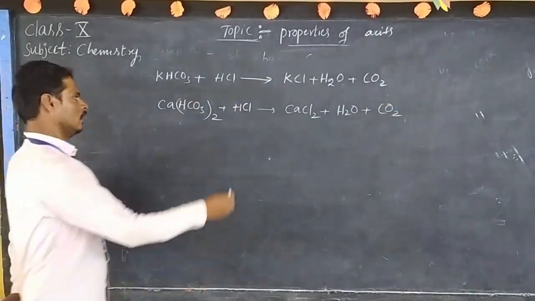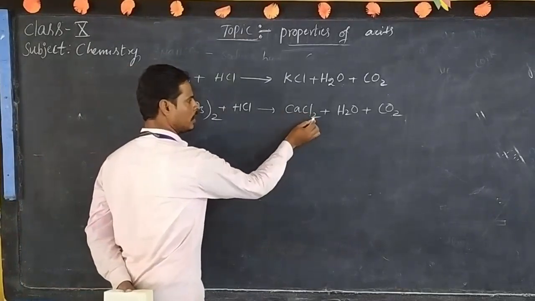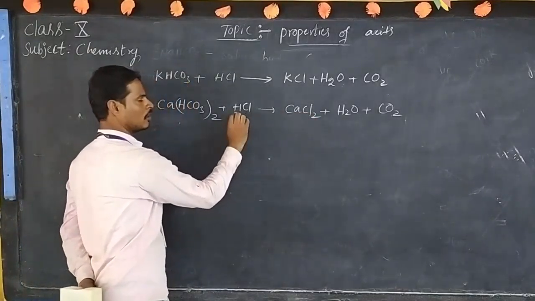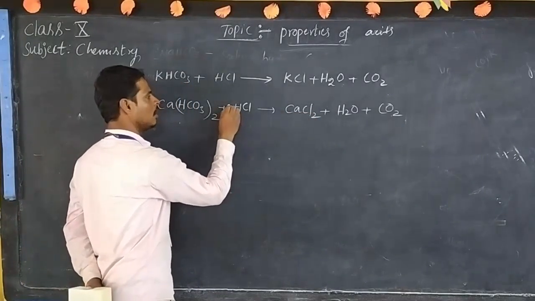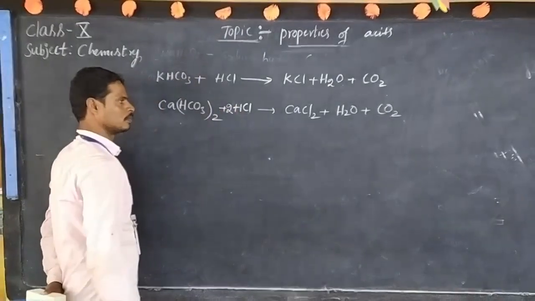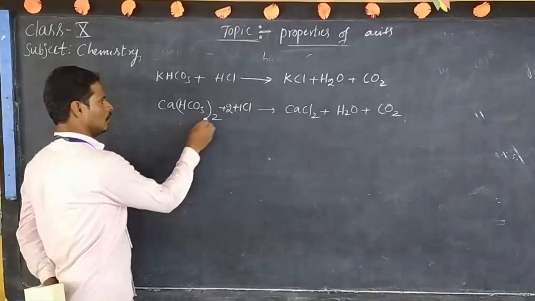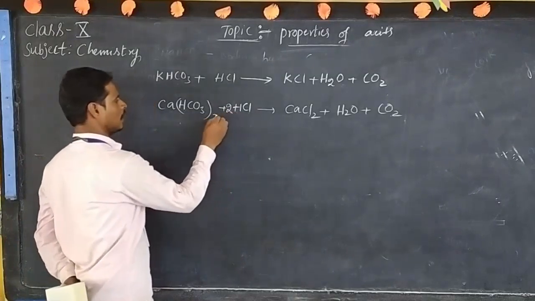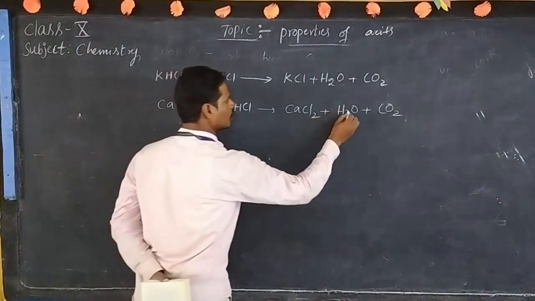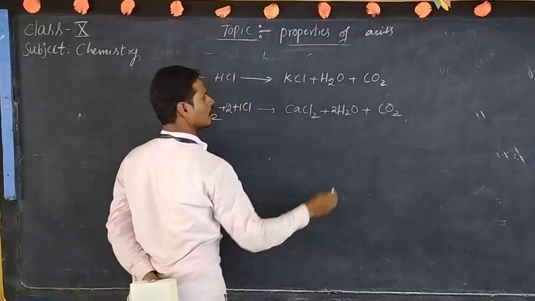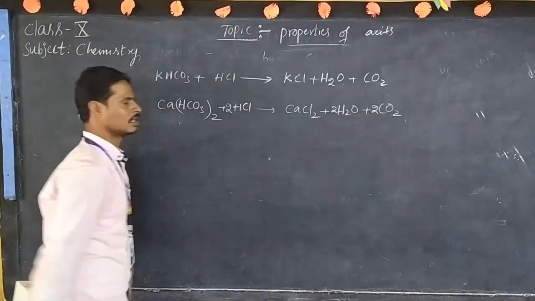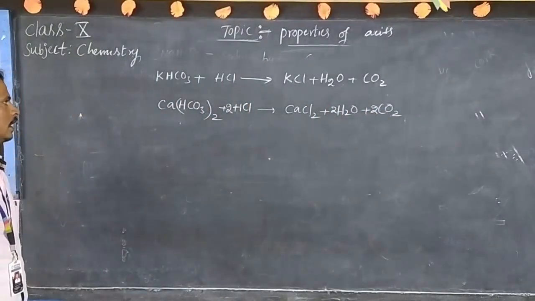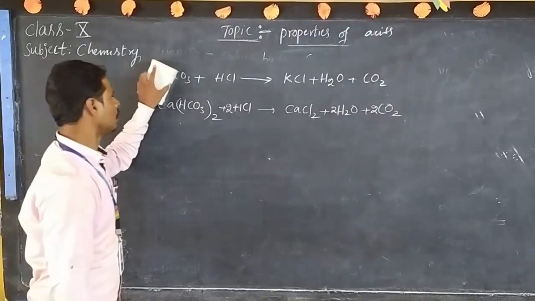No. Here how many chlorines are there? Two are there, but here one is there. One chlorine becomes two. What is the suitable number? 2. Now check the remaining: hydrogens. 2 plus 2, 4. Here 2 is there. Now the equation is balanced. Next, another property.